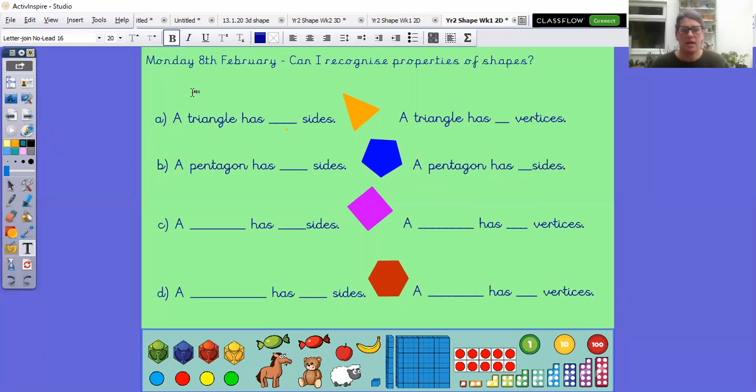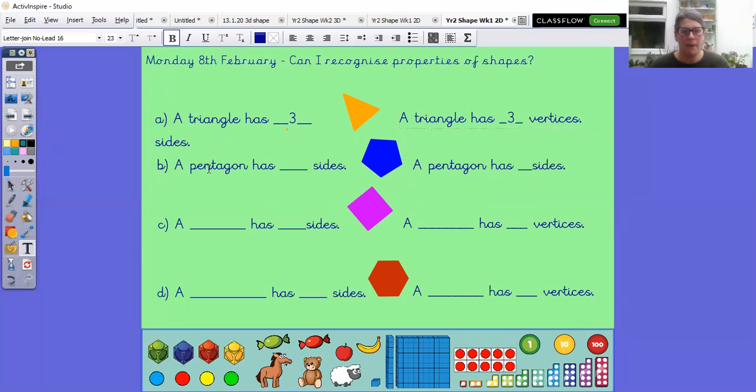So let's see if we can fill out these sentences. A triangle has 1, 2, 3 sides. A triangle has 3 vertices.